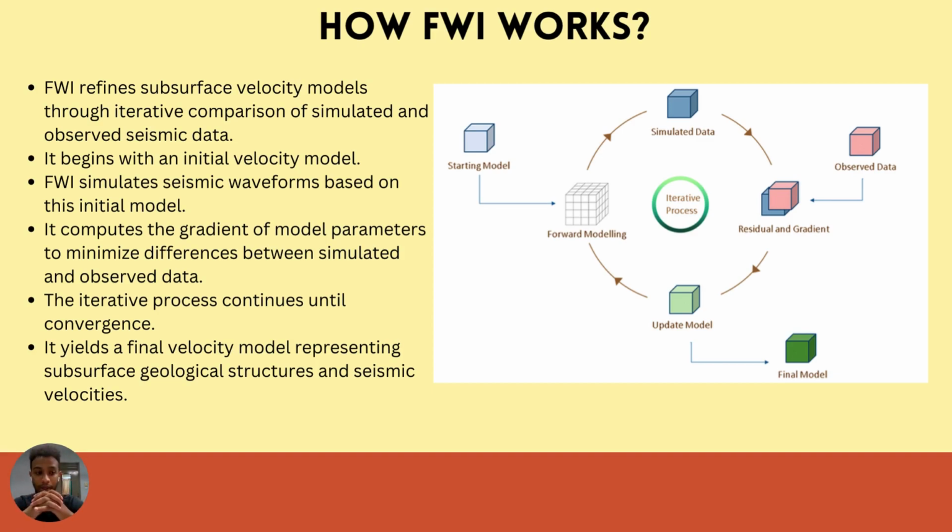So how it works is here. As you can see, FWI refines subsurface models every time. It begins with an initial velocity model, and then FWI simulates the seismic waveform based on that initial model itself, and then it computes the gradient of model parameters to minimize differences between simulated and observed data.